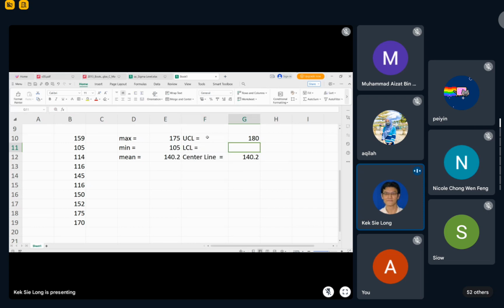So don't get confused about the value, it's just for discussion purposes. But in logic, what I mean here is that these 10 values should be inside the control limit, so inside the region from 100 to 180, but both endpoints 100 and 180 are not included. So this is what I mean.